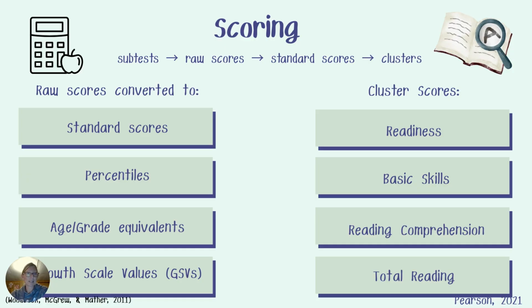So for the scoring, you'll have the raw score for the subtests. The raw score is then converted to the standard scores, percentiles, age and grade equivalents, the growth scale, and the growth scale values. Then you'll see that the cluster scores are converted to readiness, basic skills, reading comprehension, and then the overall total reading.